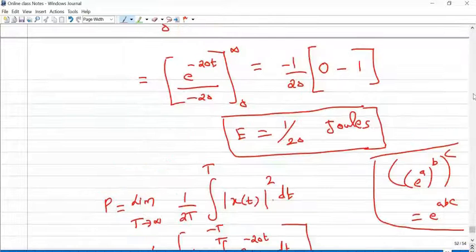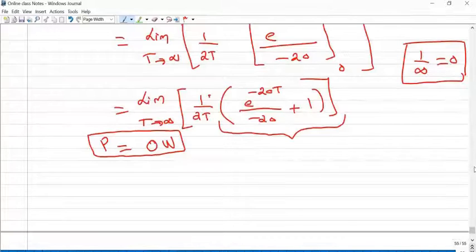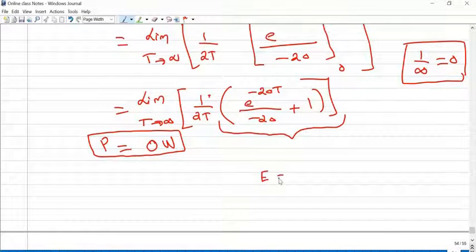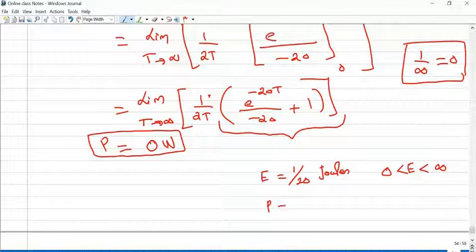So for this particular problem, energy is 1 by 20, which is a finite value. Power equals 0 watts.